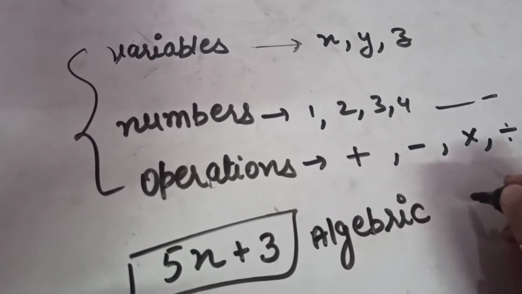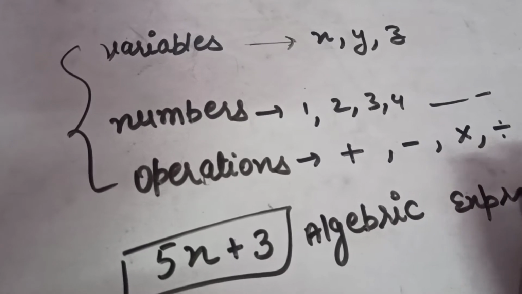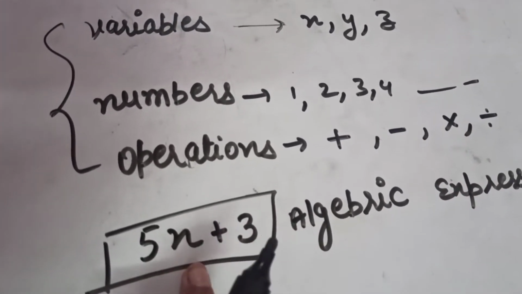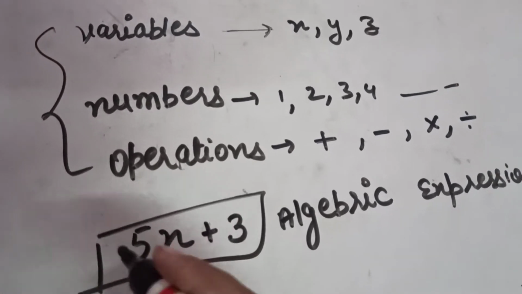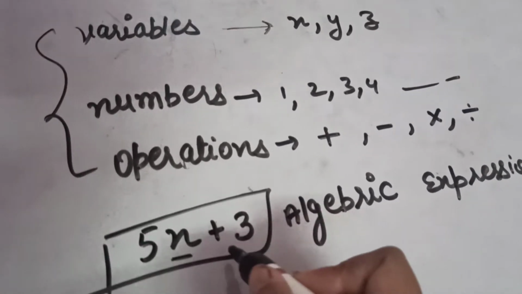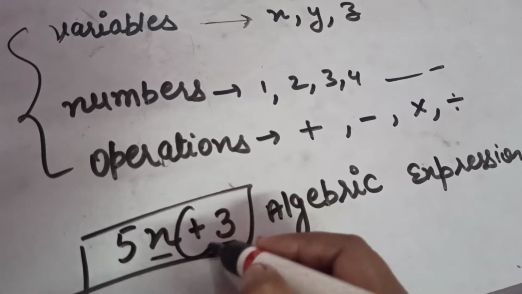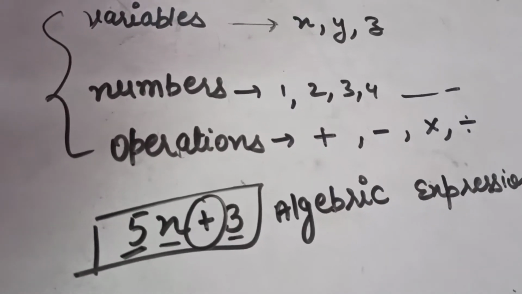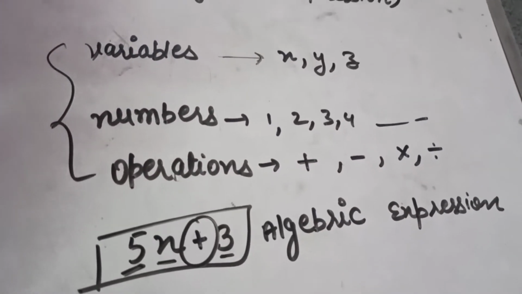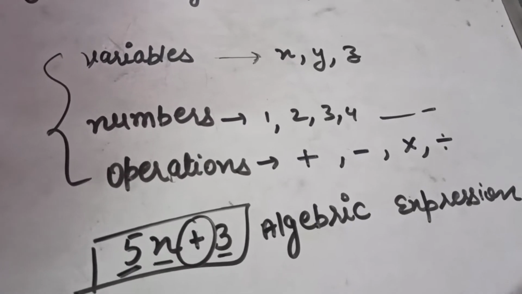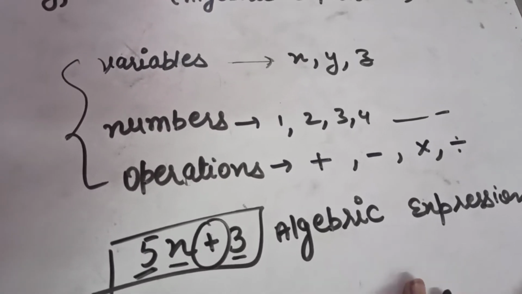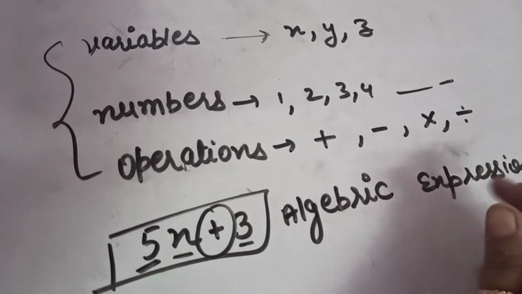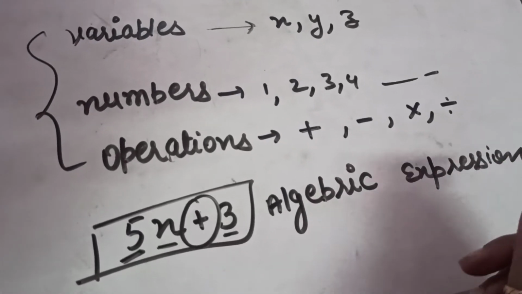Any mathematical expression which contains variables, numbers and operations, and this one is the constant, is called an algebraic expression. An algebraic expression can be separated by addition or subtraction.